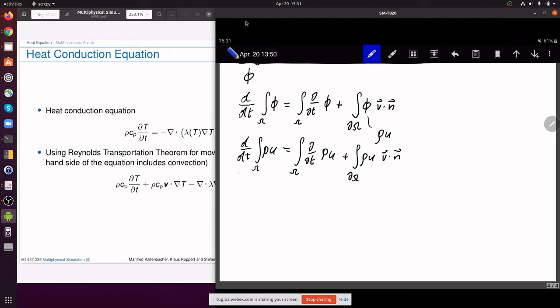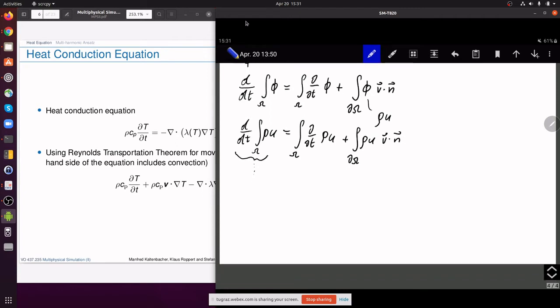And then there are some steps in between that I will not show you now, but here we'll be using the first law of thermodynamics.